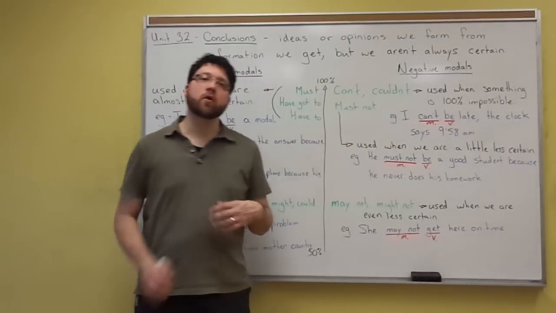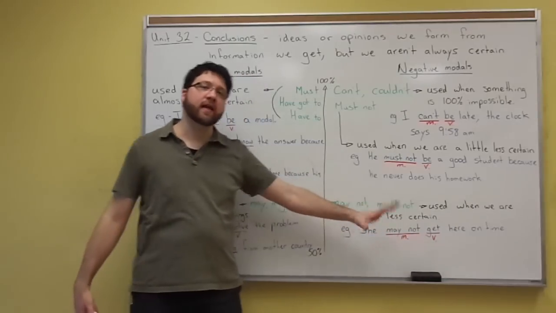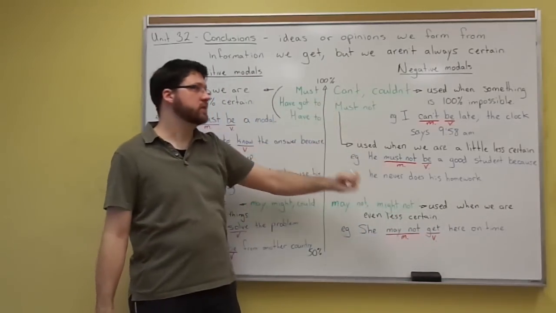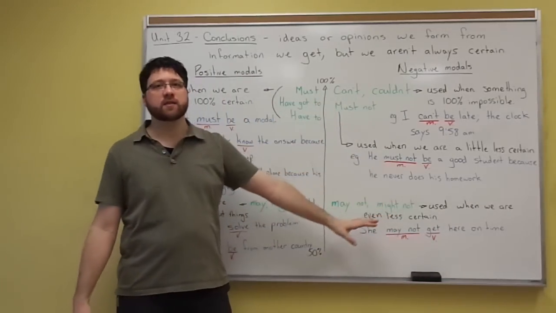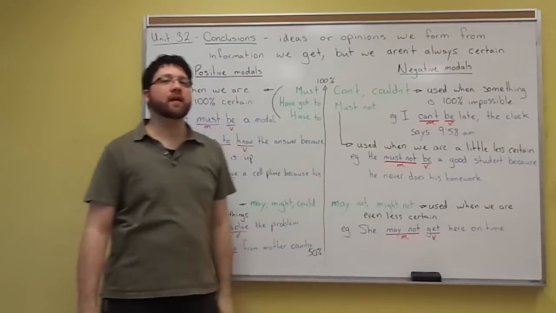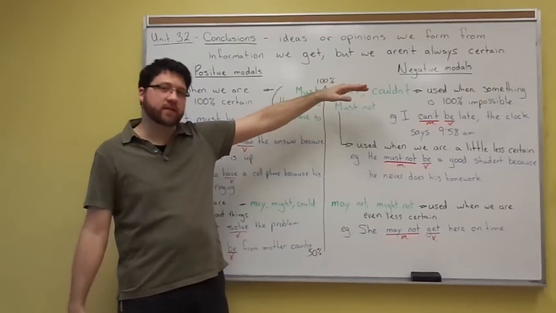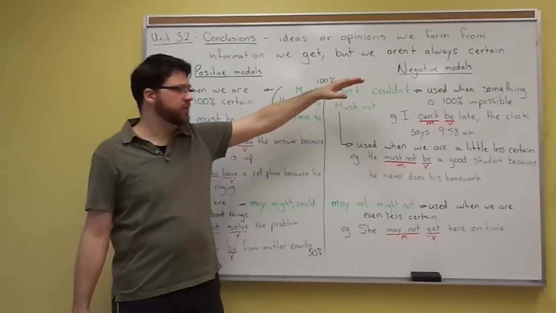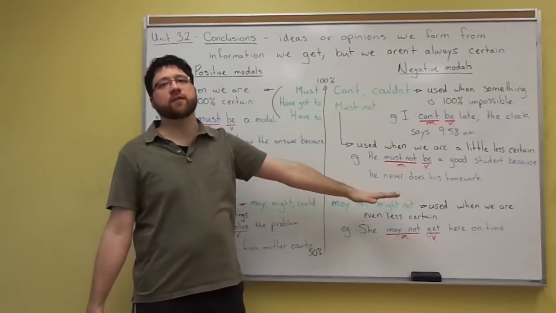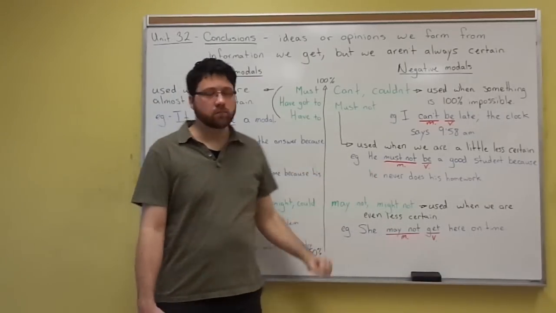But I do not know where she is. So, I'm not very certain. I am less certain. Okay, so these are our negative modals. Impossible, a little less certain but very confident, even less certain, not confident at all.